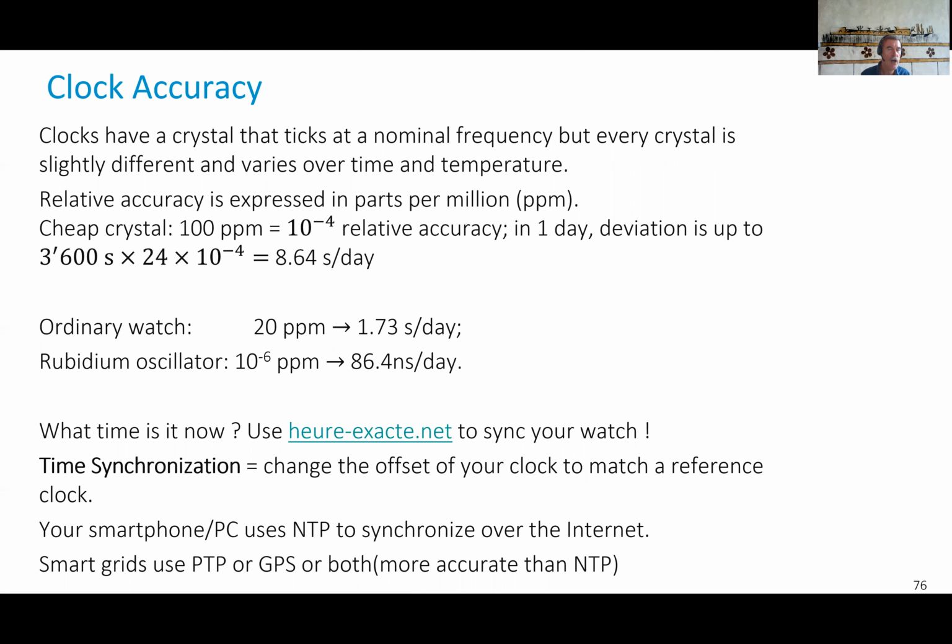So clocks are based on crystals that oscillate at a nominal frequency, but they're not all perfect, and they deviate with an accuracy which is quantified with various measures.